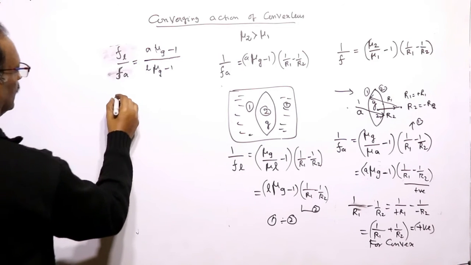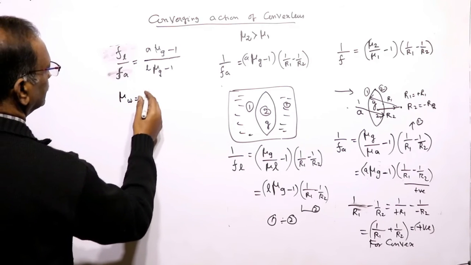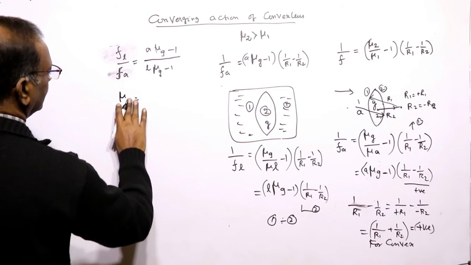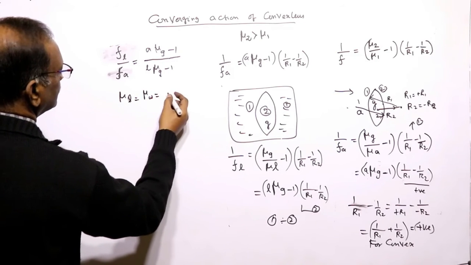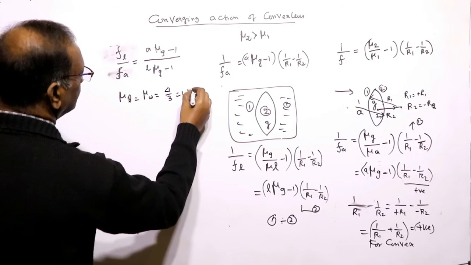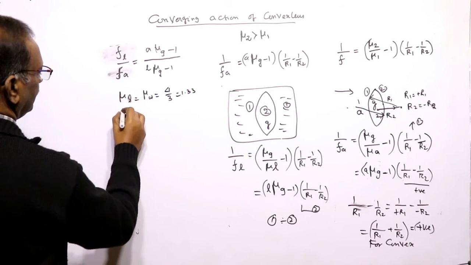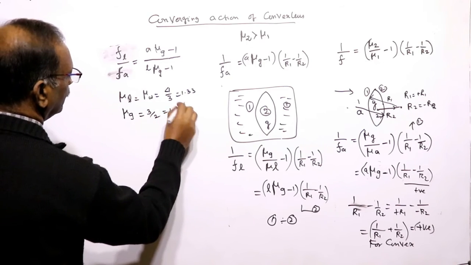Say if the liquid is water, the refractive index of water is the refractive index of liquid, which is 4 by 3, equal to 1.33. The refractive index of glass is 3 by 2, equal to 1.5.